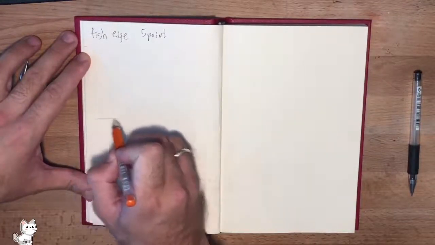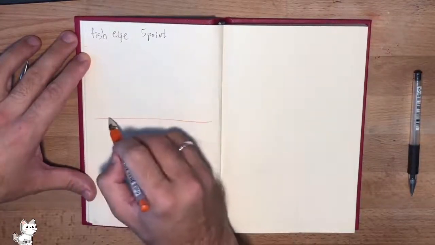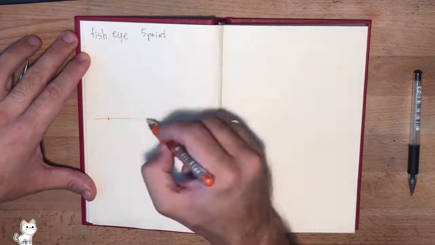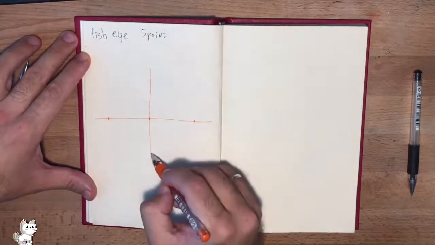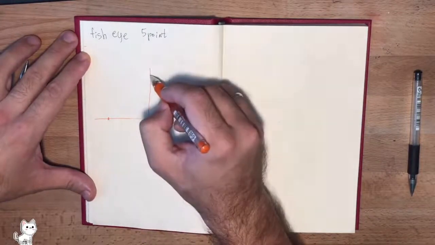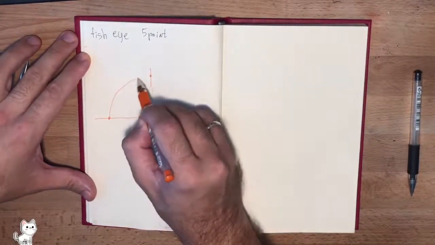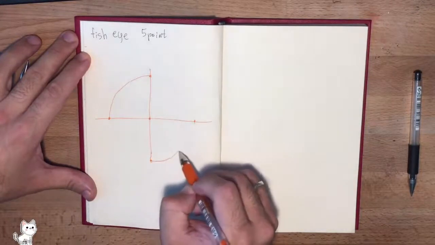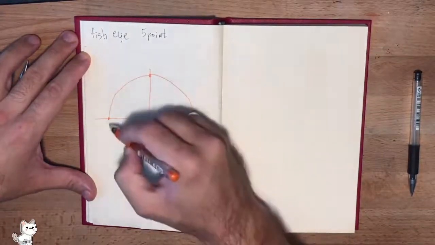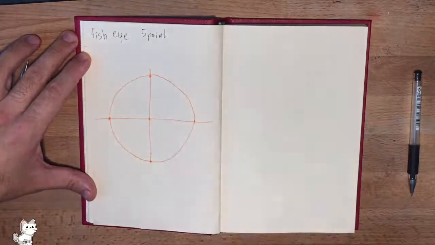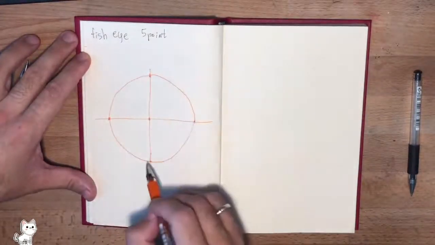So here, again, this will be a vanishing point in the center and 4 vanishing points on each side.